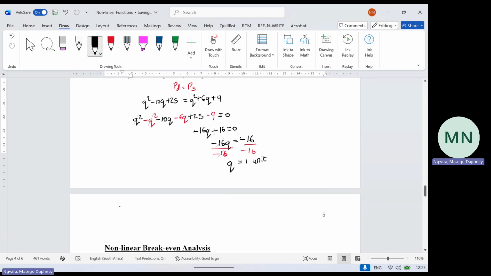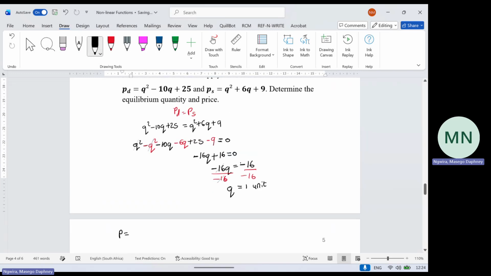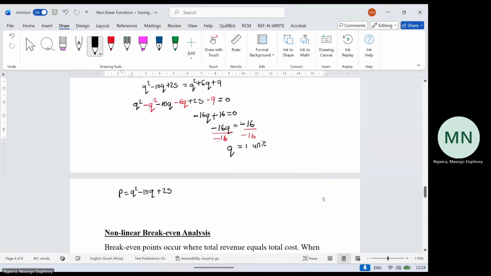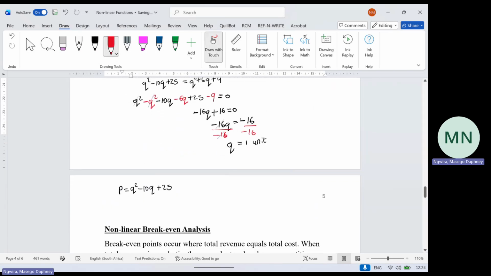Okay. So when you solve for the price, we are going to have the price is equals to. So remember, you choose any formula. Okay, let me choose this one. Okay, this is q squared minus 10q plus 25. Any one will give you the right answer. So now when we choose this, wherever I see q, I am going to put 1.